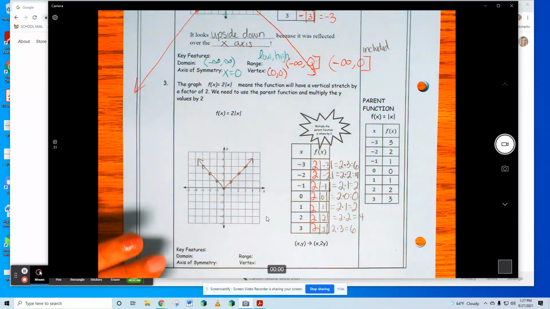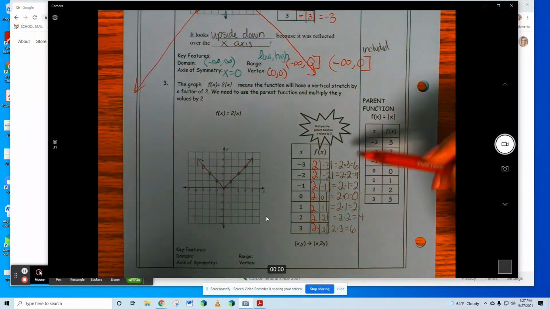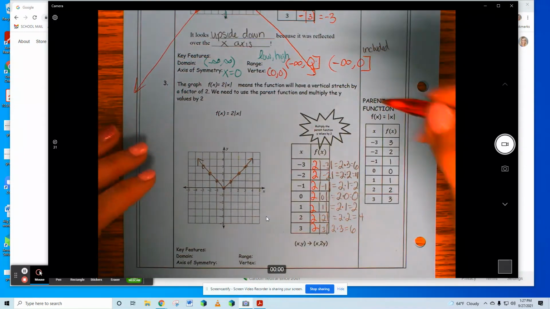In red, I will do my new. Negative 3, comma positive 6. So this is going to change.